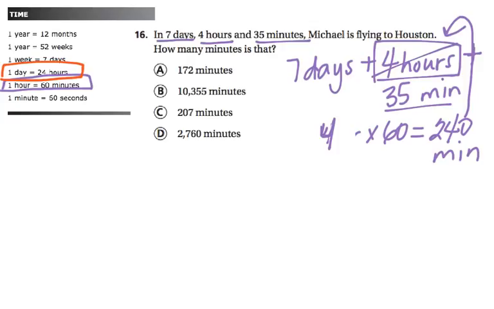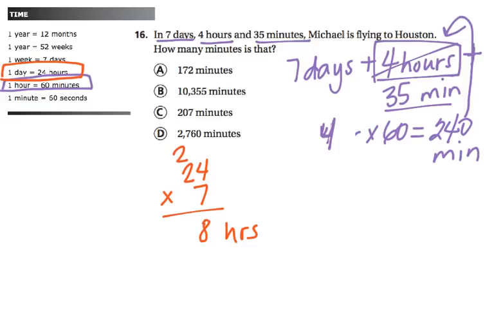All right, so now 7 days, I know one day equals 24 hours, but I have 7 of those days. So I'm going to multiply 24 times 7. This is going to tell me how many hours are in the 7 days. Okay, 7 times 4 is 28.